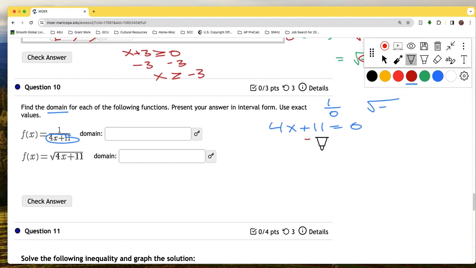Okay, subtract 11. So 4x equals negative 11, divide by 4. And this one, we need to use exact values, so we cannot put in a decimal. Okay, we need to put in a fraction, but that's okay. X equals negative 11 fourths.